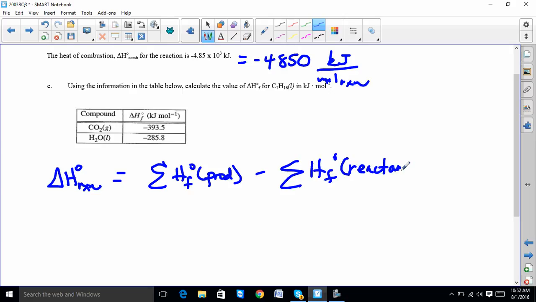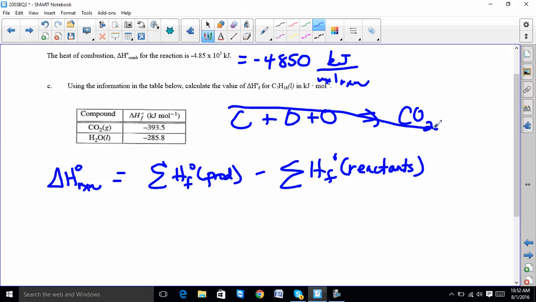At this point in the course, I usually haven't taught bonding yet, but all of the energy is stored in the bonds. And so the energy in carbon dioxide comes from when you take the carbon and the two oxygens and you put them together to make CO2. That's where the energy is stored, and that's what heats of formation mean. Okay, that's a little simplistic.